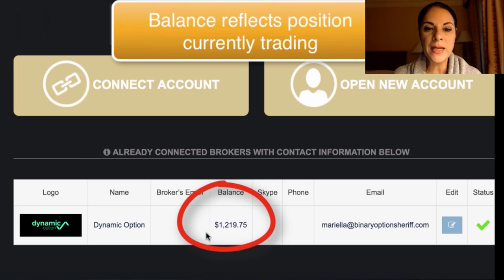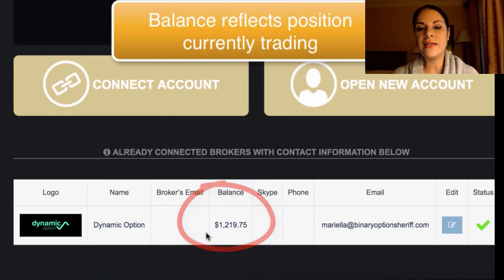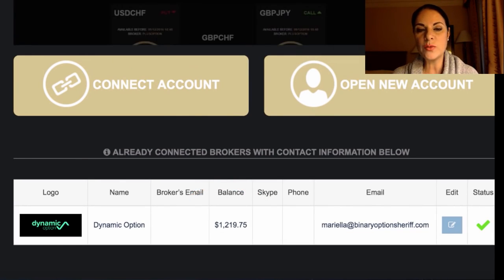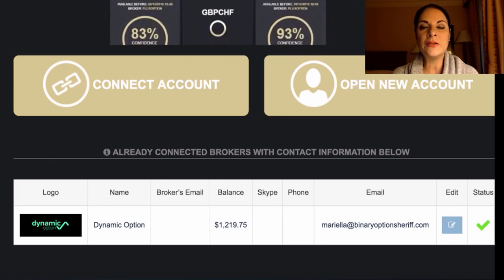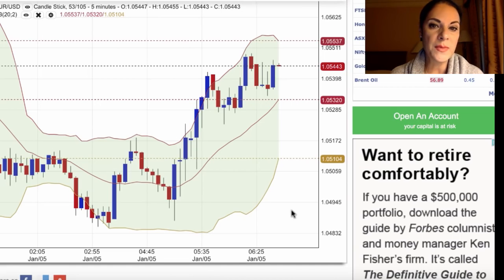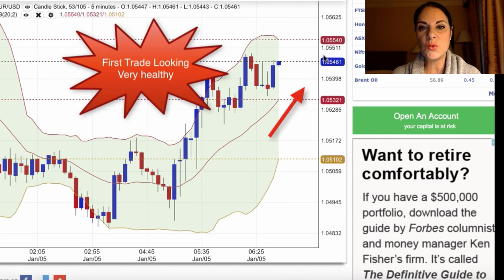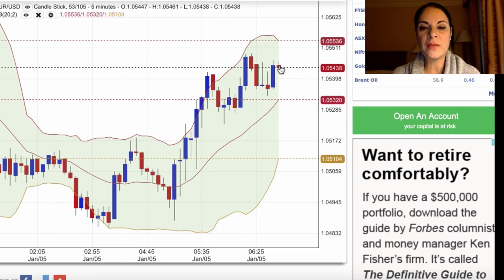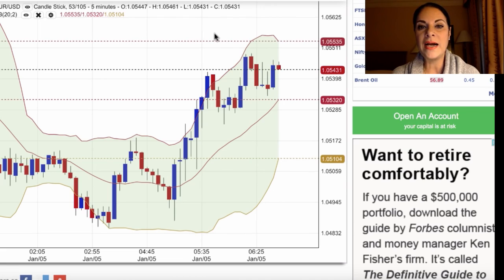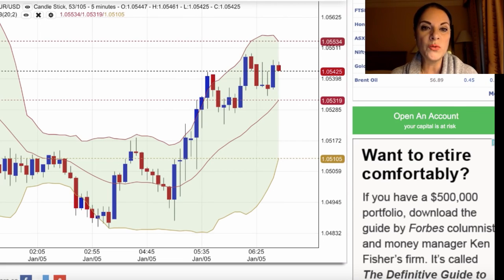So as you can see, my balance now is reflecting the trade which I have taken, and therefore what I need to do now is basically wait some time to see how the trade is ensuing. As you can see, the trade is looking very healthy. Our euro US dollar are behaving very well, and we picked the trade at the bottom, and now the currency pair are hitting the road up.